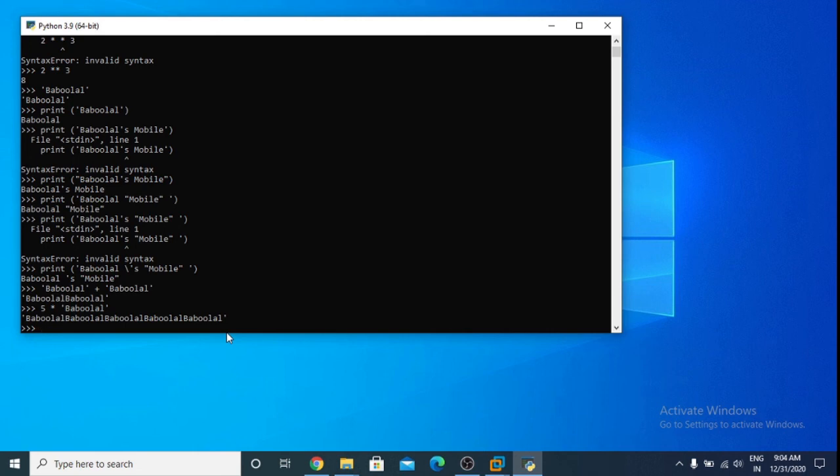Okay, I am trying any other, like print backslash docs backslash Babulal.